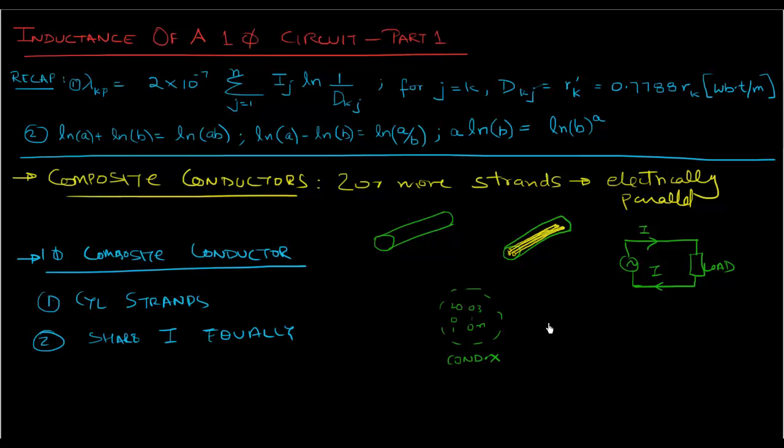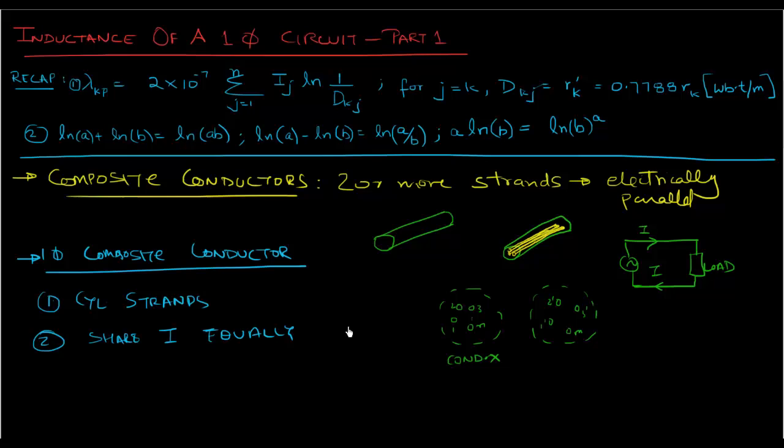So that's conductor X, and then we have the return conductor, conductor Y. And let's say that has strands 1 prime, 2 prime, 3 prime, so on up to M. So that has M strands. Now notice how the number of strands do not need to necessarily be equal, nor the properties of these strands need to be the same.